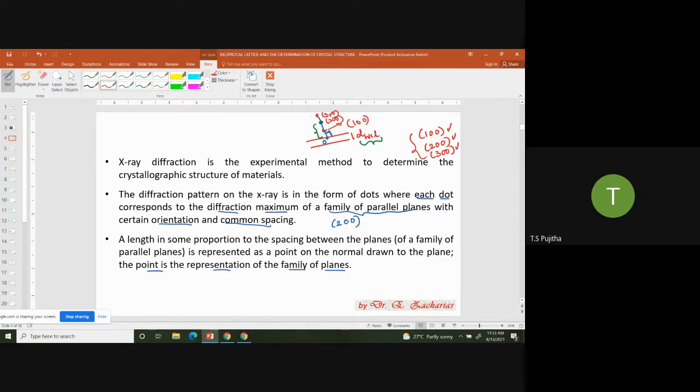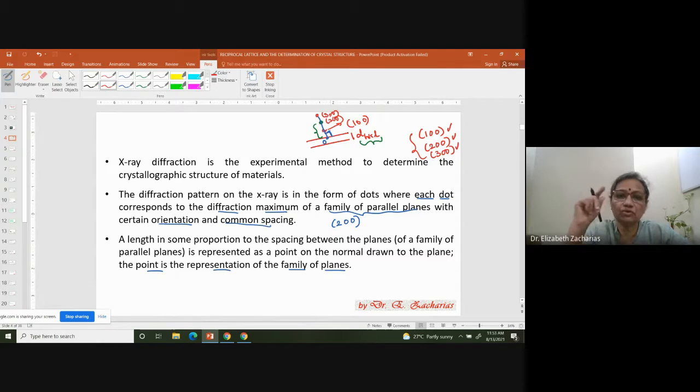Yes. Let us say for 100, the d is 1 nanometer, just arbitrarily. So what will be the distance for 200 planes? It will be half a nanometer. The reciprocal of half is 2, so I'm saying double the distance; you put a dot for 200.